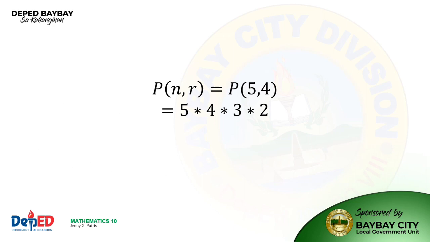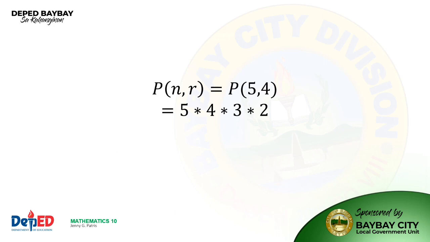Then, for secretary in 4 ways, since we assume that 1 is already selected as president. 3 ways in selecting for a treasurer, since 1 is already selected as secretary, and 2 for auditor.